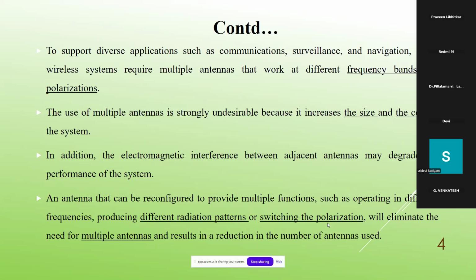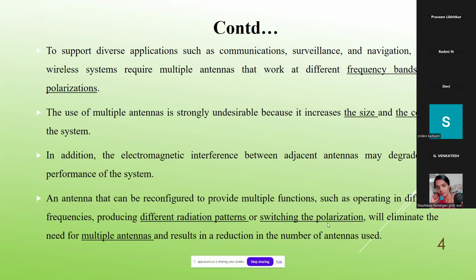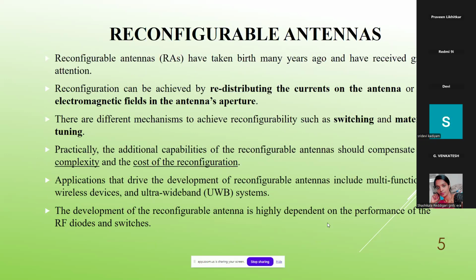With these different radiation patterns, variation of frequency, orientation of your pattern, and switching polarization, meaning linear polarization or circular polarization, again LHCP, left-handed circular polarization, and RHCP, right-handed circular polarization, in this direction it will be very helpful. Next, a few more points regarding reconfigurable antennas we'll discuss.